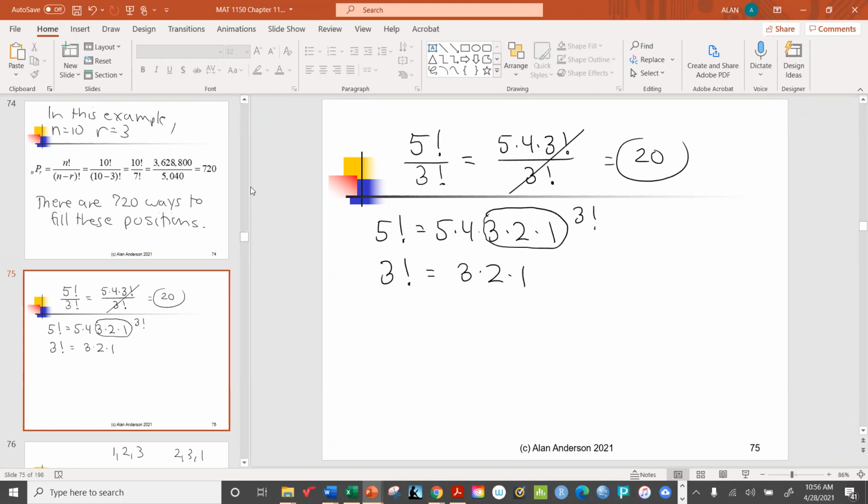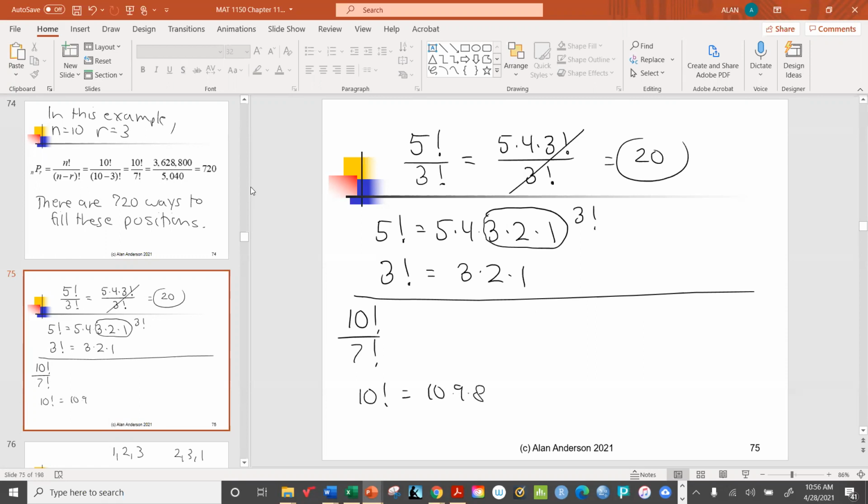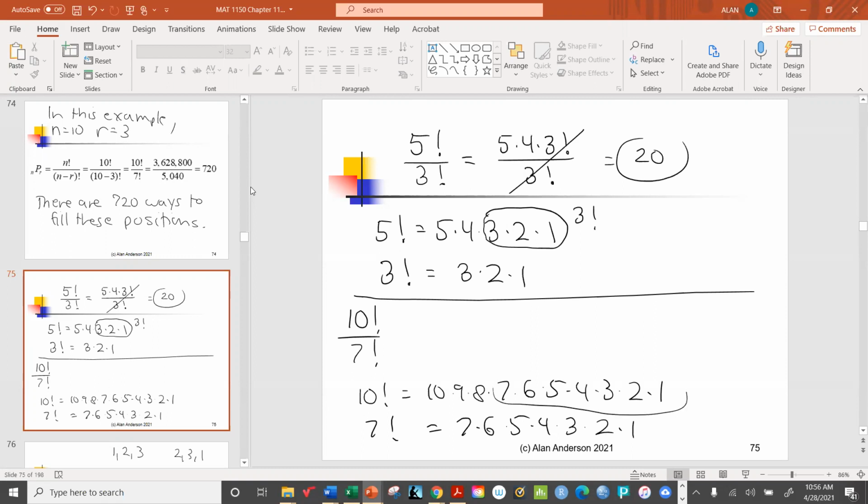So when we're dealing with 10 and 7, we can say that 10 factorial, as we know, is 10 times 9 times 8 times 7 times 6 times 5 times 4 times 3 times 2 times 1. And of course, 7 factorial is 7 times 6 times 5 times 4 times 3 times 2 times 1, which means all of this is 7 factorial.